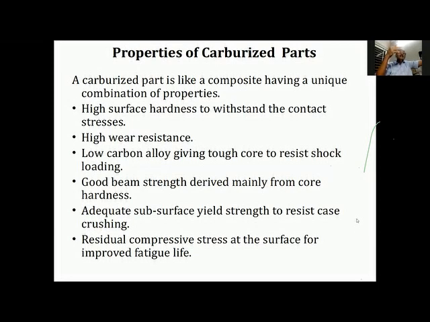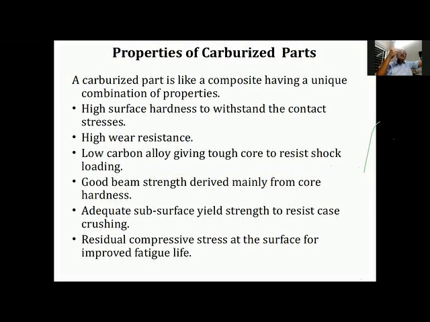And the core has got a much higher volume and it is already transformed. So it is resisting the high volume change of the case, which is almost 4 times compared to the core.